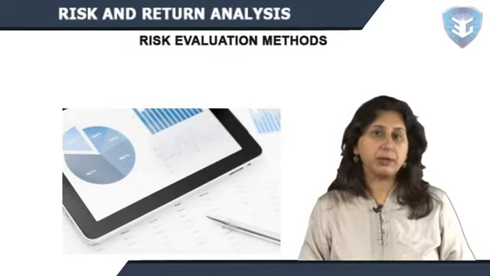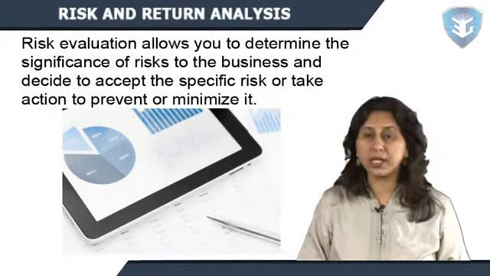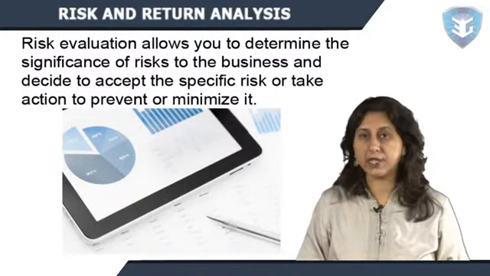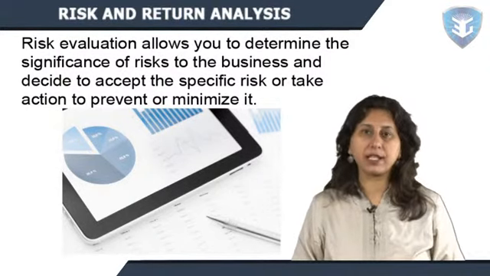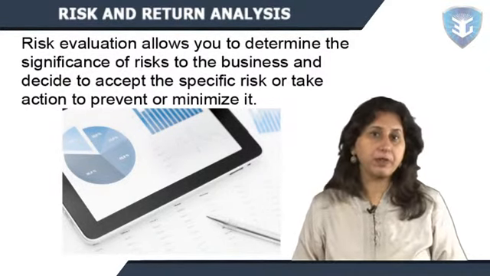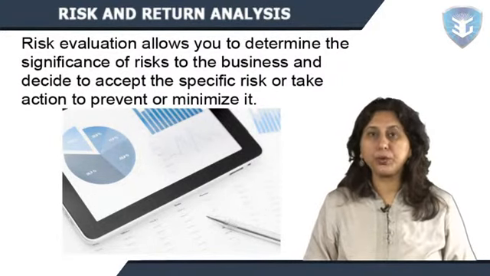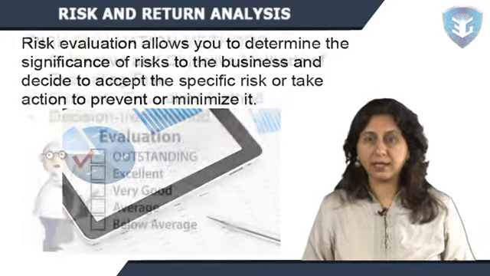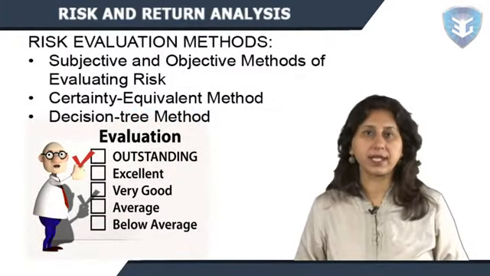Risk evaluation methods. Risk evaluation allows you to determine the significance of risks to the business and decide to accept the specific risk or take action to prevent or minimize it. There are some tools you can use to help evaluate risks. Subjective and objective methods of evaluating risk.